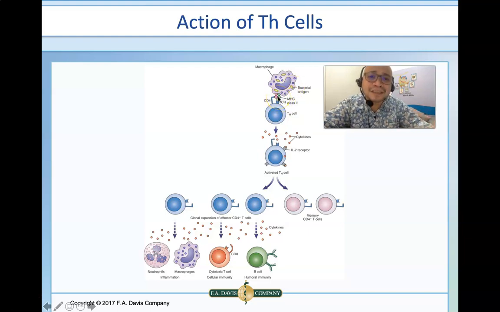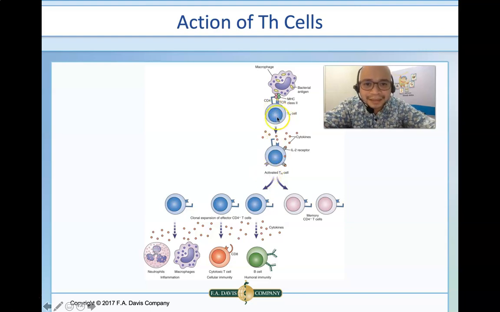Again, if it's MHC class 2, it will display the bacterial antigen, and it will display it for what? For TH cells. If it's MHC class 1, it will display it for the CD8 or cytotoxic T cells. Okay, so MHC class 2 displays it for the TH cells.